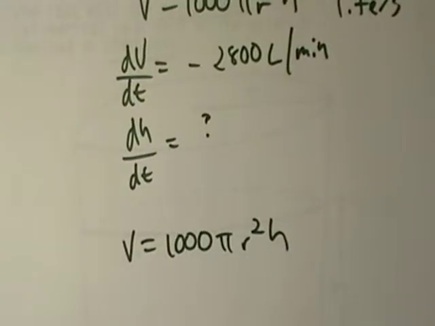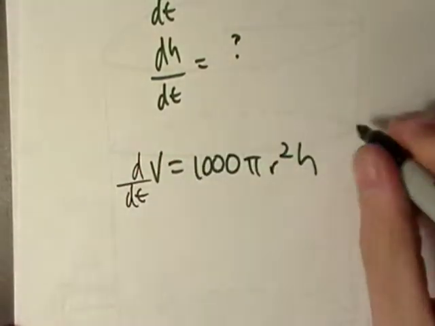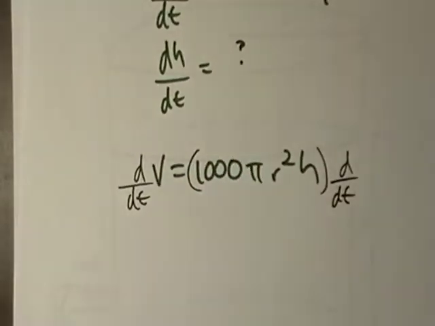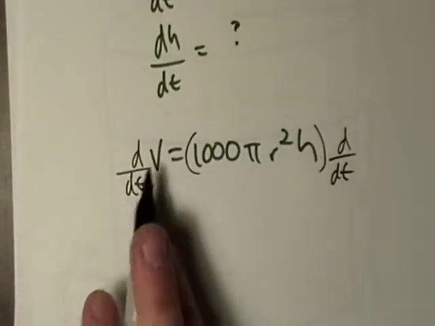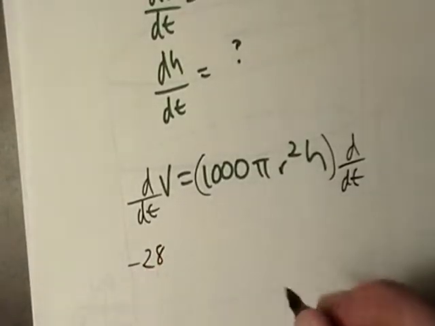And we're going to take the derivative of both sides with respect to time. So what's the derivative of volume with respect to time? It was given. It's negative 2,800.